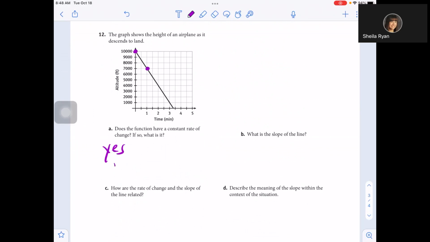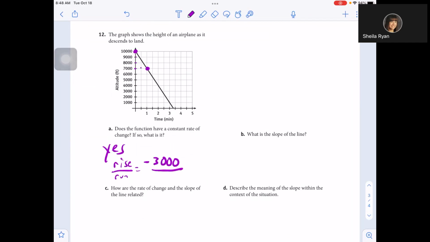So my rise over run, I'm finding my rate of change, which is the same as the slope, rise over run. I'm dropping down 1, 2, 3, but the scale is 1,000, 2,000, 3,000. So from 10,000 to 7,000, I'm dropping down 3,000.